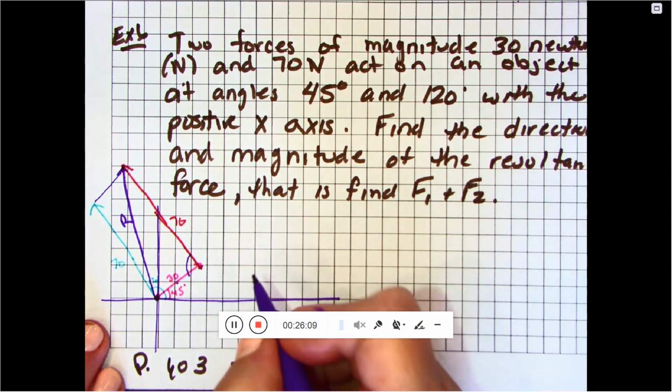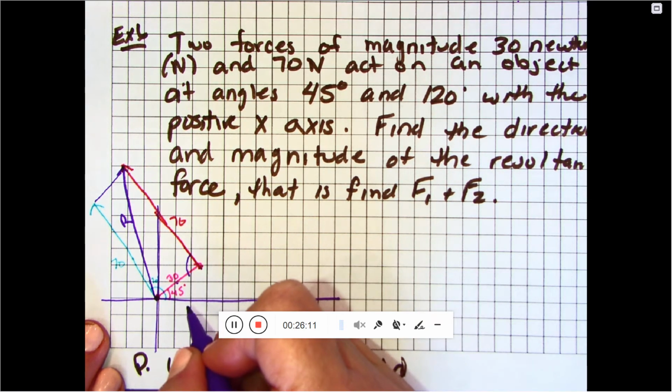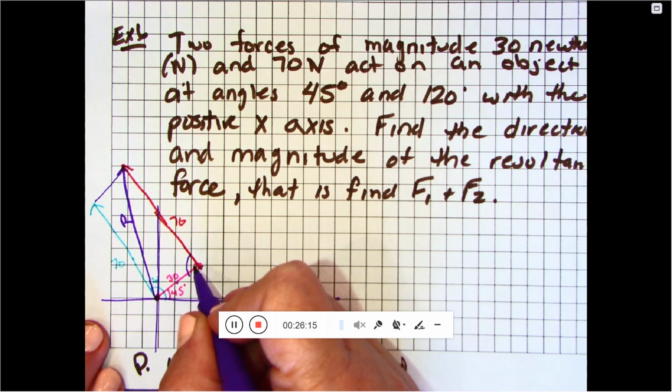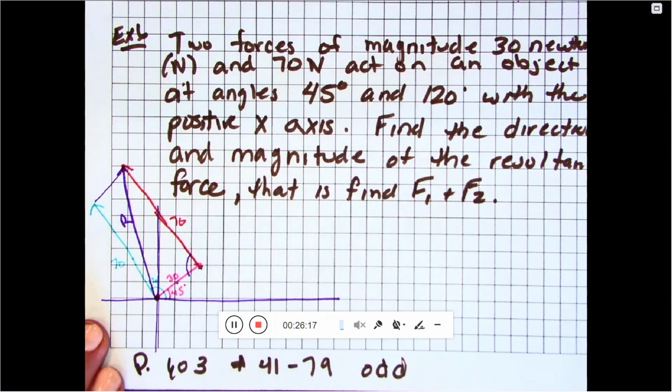So let's see if we could figure out this angle right here. So think about it for a few seconds and see if you could figure out what that angle would be using what you know about parallelograms.